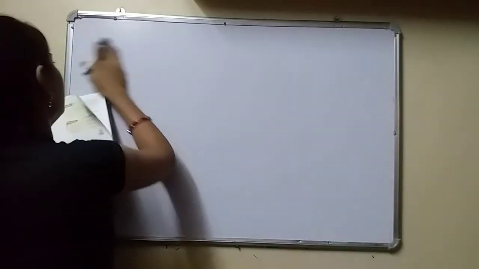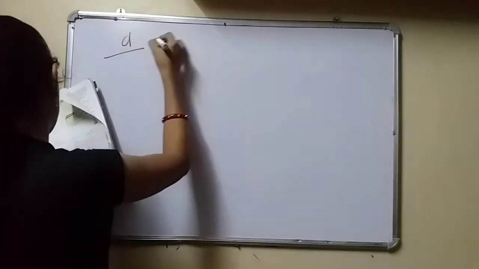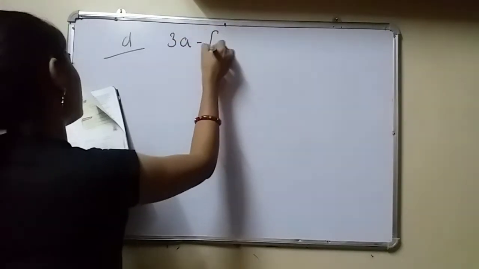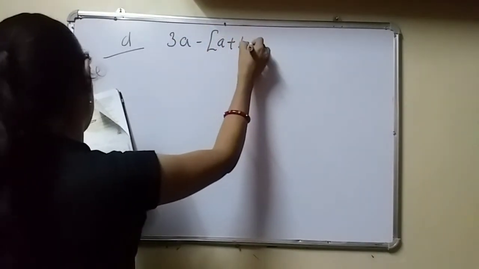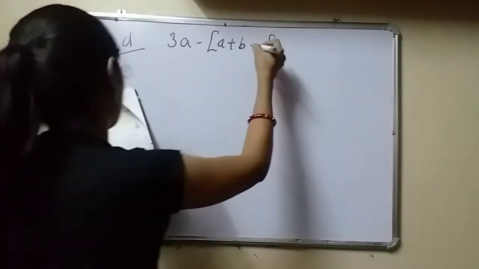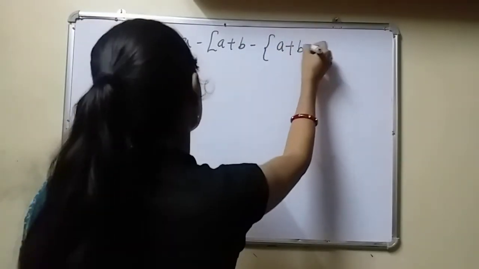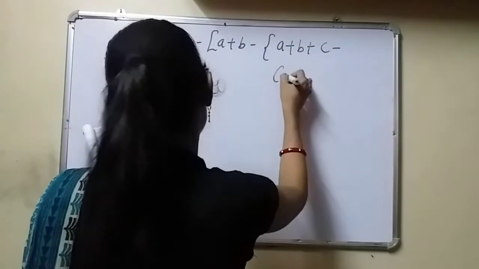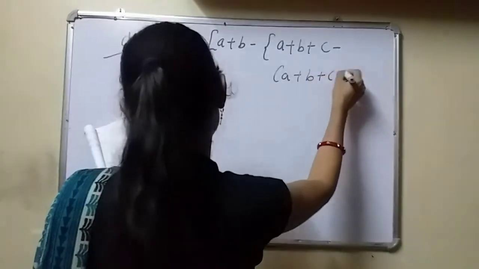Now see question number D. Question number D we will solve. 3a minus a plus b minus a plus b plus c minus a plus b plus c plus d.